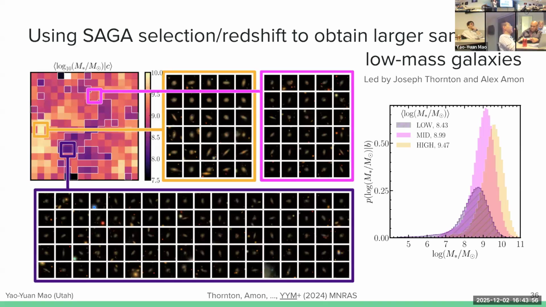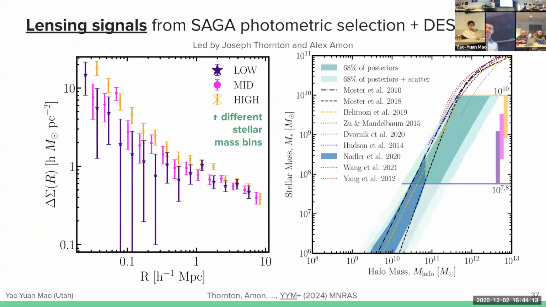They take all the SAGA redshifts, put them in a self-organizing map, and get a distance estimate, which is translated to stellar mass. You get a distance estimate, then you can get a stellar mass estimate. And then they use, in this case, DES, the Dark Energy Survey, to see if there's a weak lensing signal. And they found a weak lensing signal.